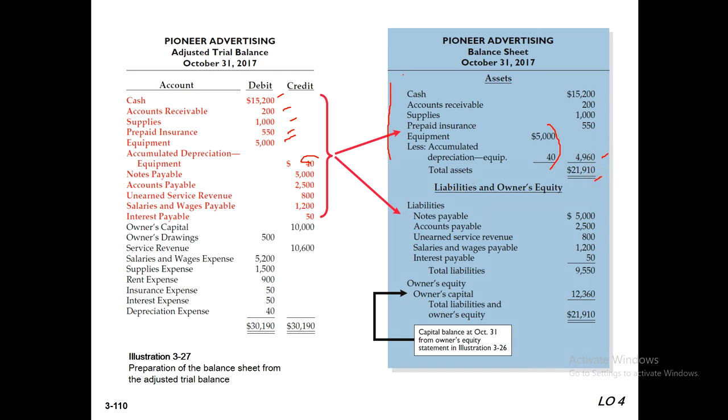These five figures will be our liabilities. And from our previous statement, the owner's equity statement, we get this figure, the owner's capital. So this is our total liabilities and owner's equity, and this is our total assets. The two sides are equal here.